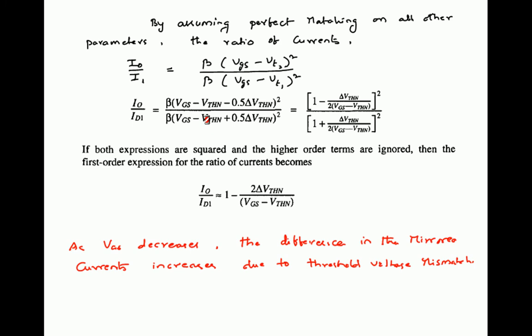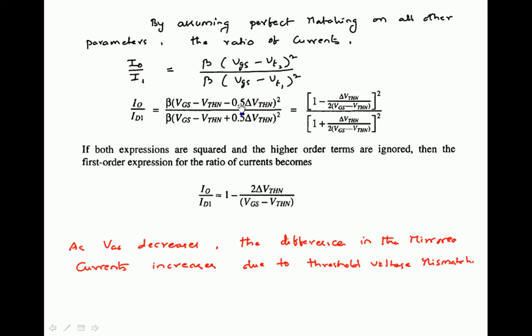By assuming perfect matching of all other parameters, the ratio of currents I0 by ID1 we can write as beta into (VGS minus VT2) whole square over beta into (VGS minus VT1) whole square. Only the threshold voltages are taken different, VT2 and VT1.